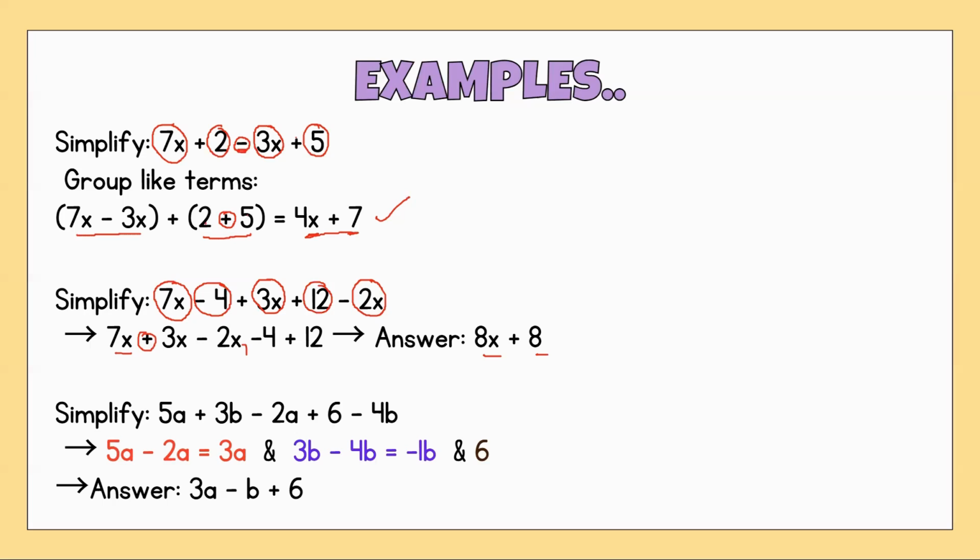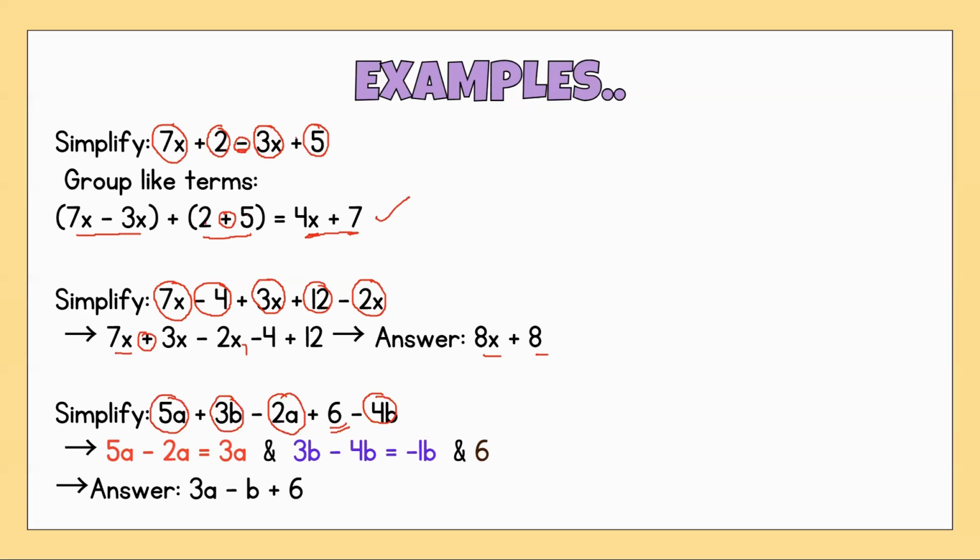So 5a plus 3b minus 2a plus 6 minus 4b. Let's find out the like terms here. 5a, 2a, 3b, minus 4b, and 6 is just single. It does not have any other like term to combine or compare with.